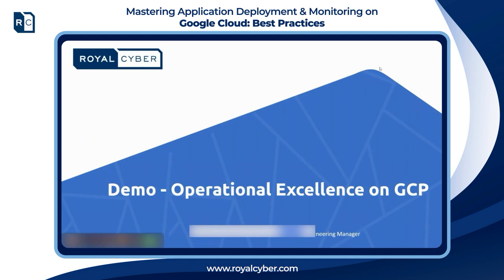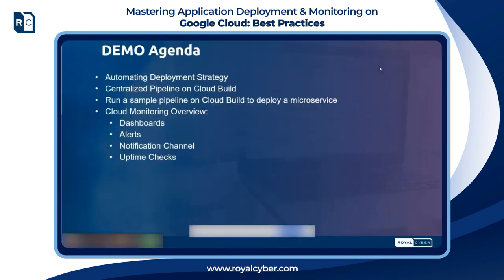Before I jump into the demo, I'd like to share some light on the overall demo agenda. We'll be focusing on how we can automate deployments, and we'll be evaluating a deployment strategy. We'll go through a centralized pipeline on Cloud Build.